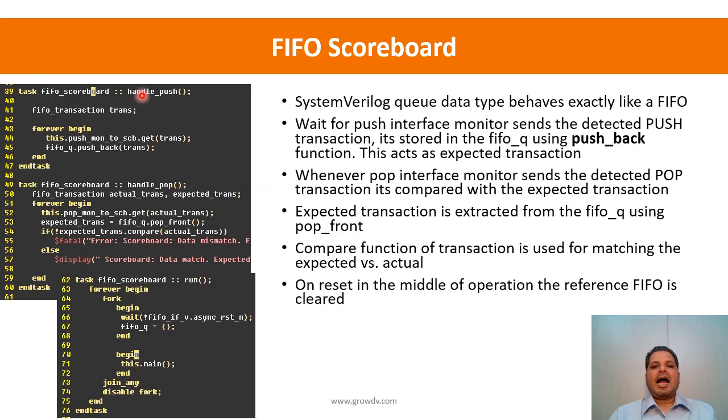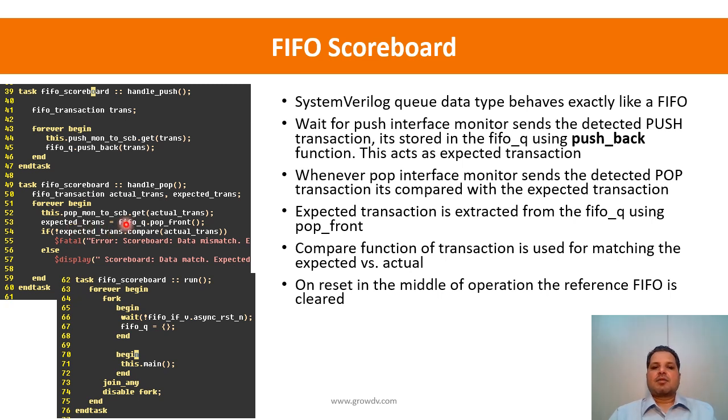If we look at handle push, what we are doing over here is that we wait on the push monitor to scoreboard mailbox, and we get a transaction from that, and we use the built-in function called push back, whatever we have received, and we push it into this FIFO queue. The FIFO queue behaves exactly as per the DUT, right? We push it inside, and we come to the handle pop.